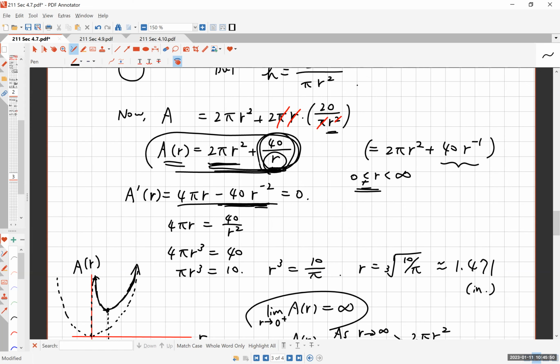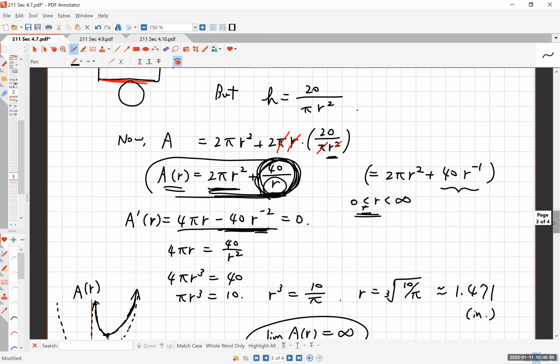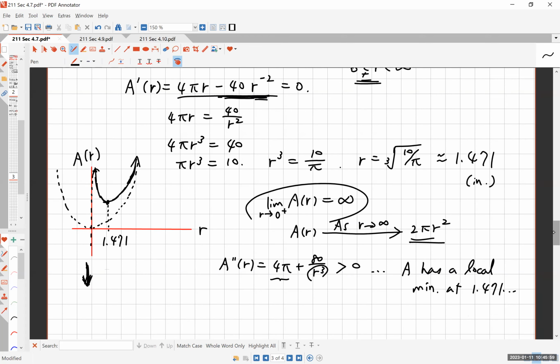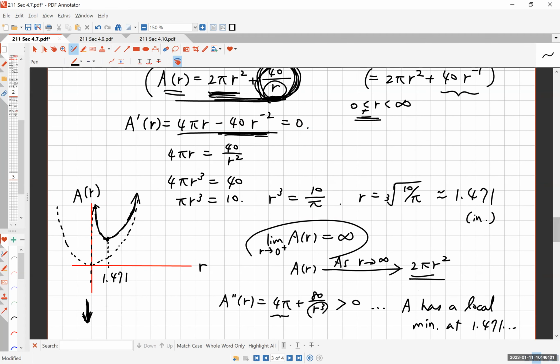This term becomes closer and closer to negative infinity as r approaches 0 from the negative side. But then as r approaches negative infinity, this thing becomes 0, and the function gets closer and closer to the parabola. So it'll start to go like this.